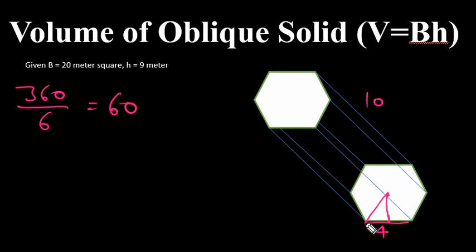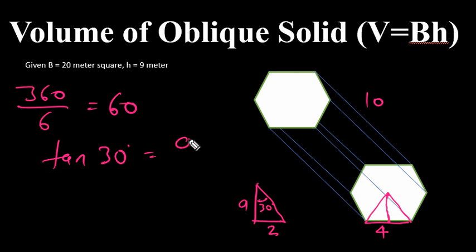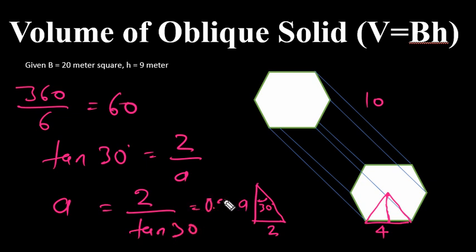For each triangle the total angle is 60, so the half angle will be 30, half distance is 2, and this is your apothem. So you will use tan 30 degrees equal to 2 divided by A, and you will find A equal to 2 divided by tan 30. That will give us 0.25, right?